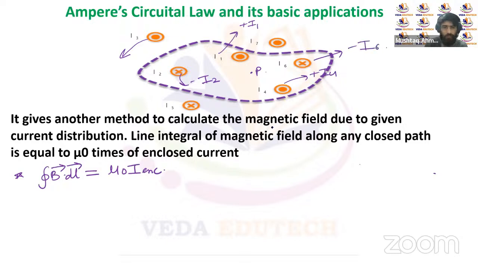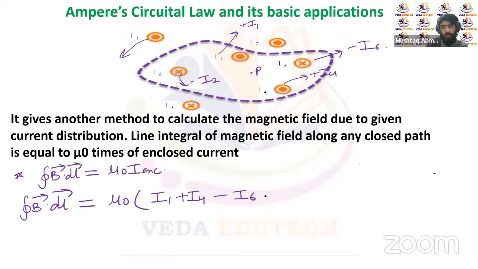If we apply Ampere's circuital law for this loop, then the integral of B dot dl will be equal to mu naught I enclosed. I enclosed will be I1 plus I4, I6 and I7, I6 and I2.